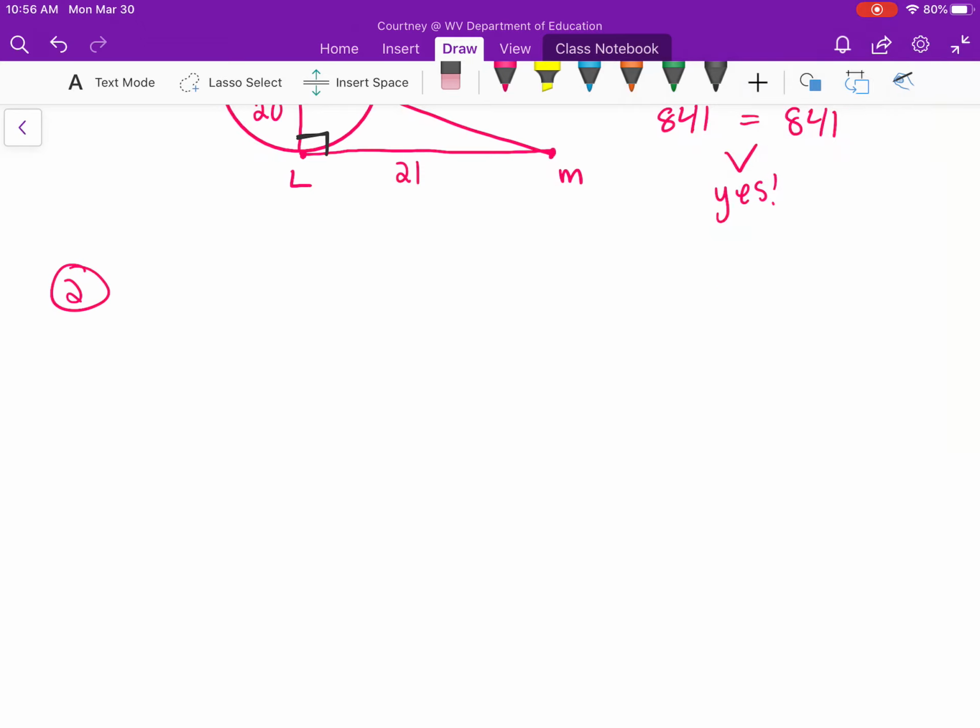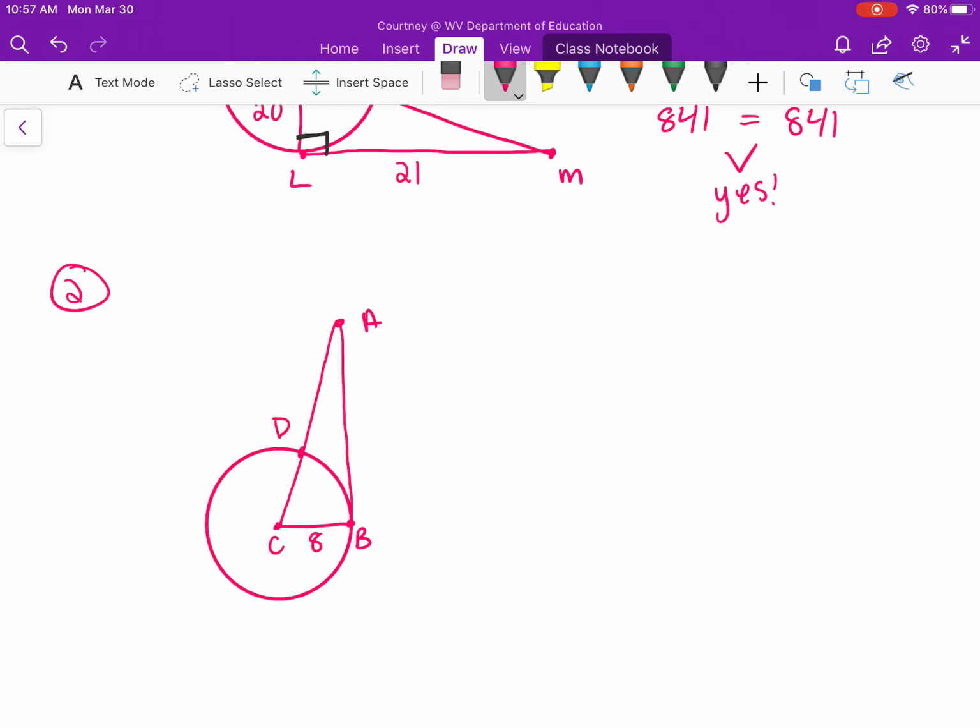We have another triangle. We have the radius CB. We have the tangent here. This is point A. And then it makes a triangle. The radius is 8, so CB is 8.